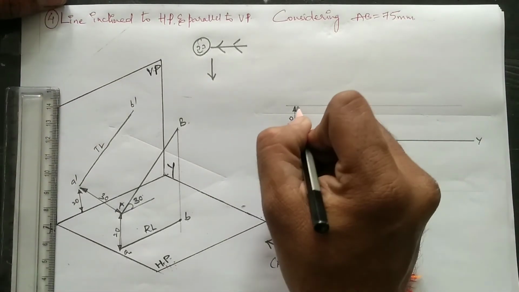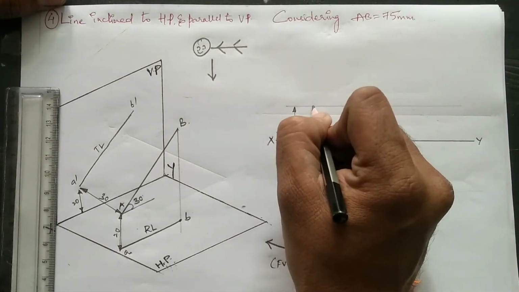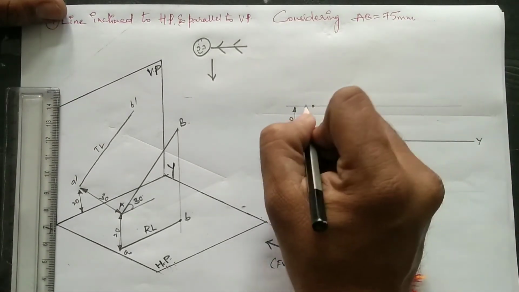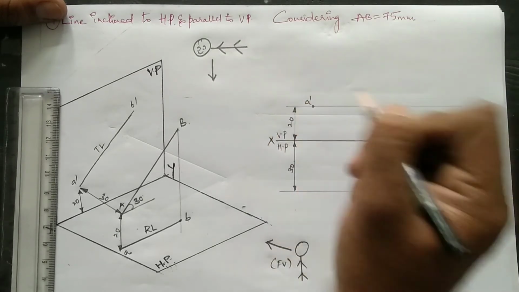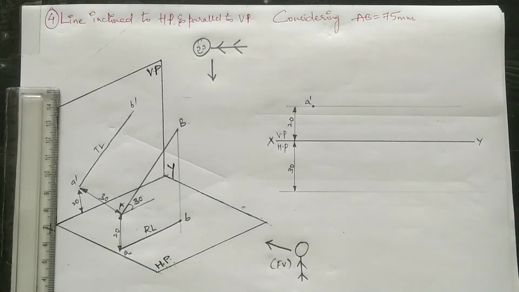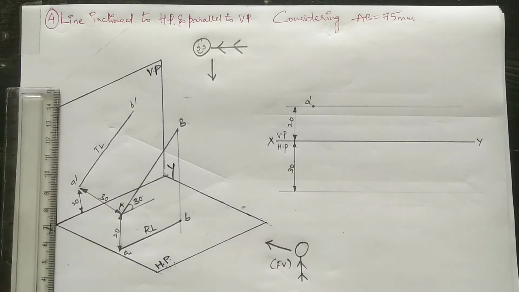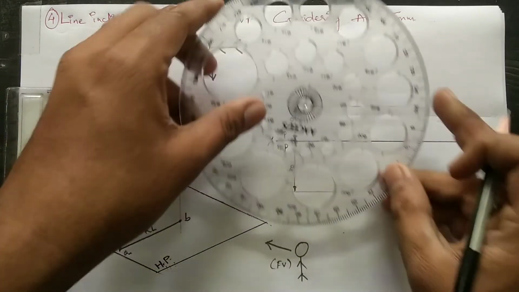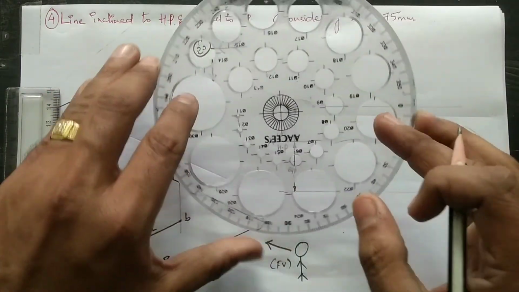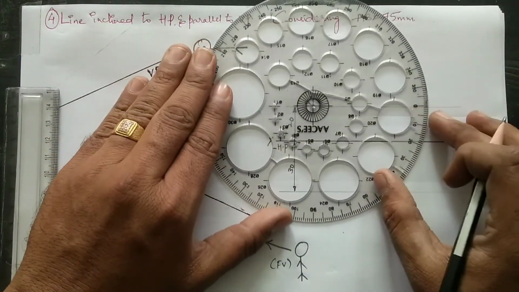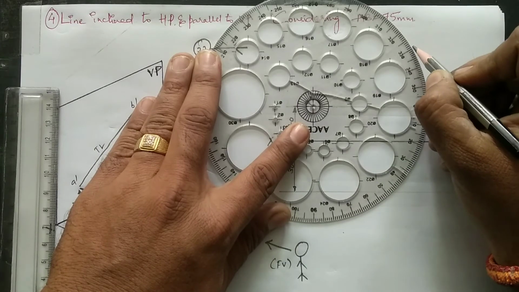Now first locate the point here at a distance of 10 mm, marking it as my first point A dash. Using your protractor, measure an angle of 30 degrees.